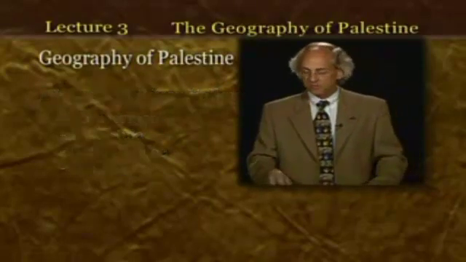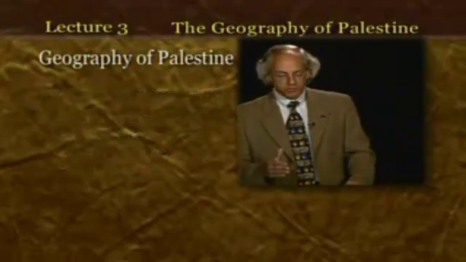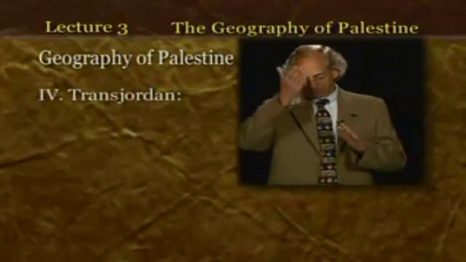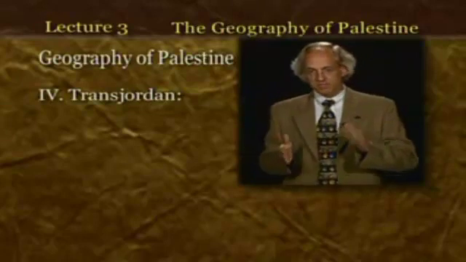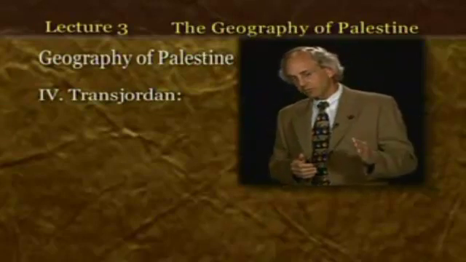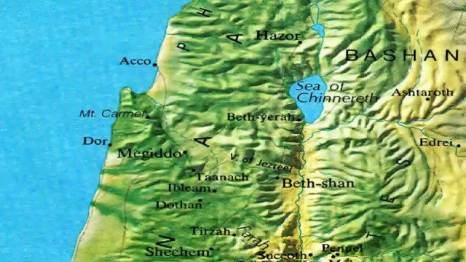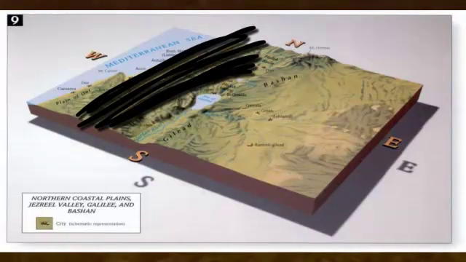As we move further east, we move into the Transjordan. And so we've hit our fourth of these north-south regions. We started out with the coastal plains, Central Highlands, Jordan Valley, and now we're in the Transjordan area.